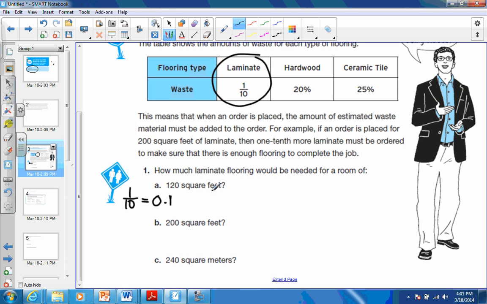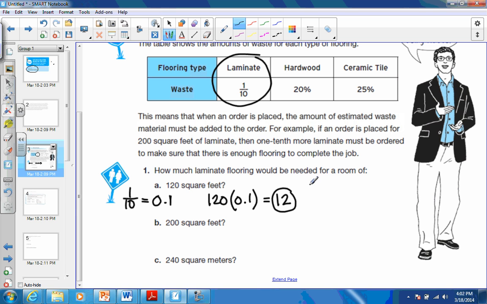Now we would take our 120 and multiply by 0.1, and that's going to give us 12. So our extra waste would be 12 square feet. Then we have to look back: how much do we need total? If we have 12 square feet that are waste and we have 120 square feet that we estimate we would need, then we have 132 square feet total.